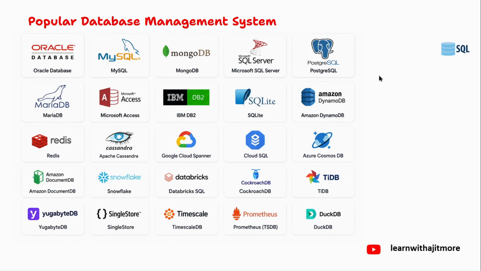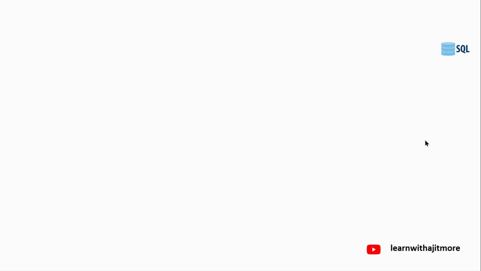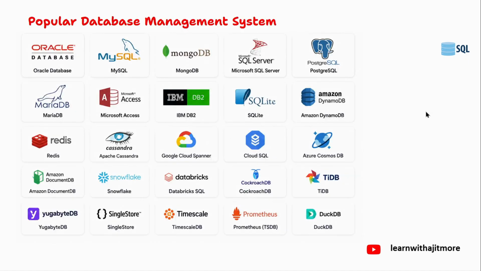Now we will be discussing what is relational and non-relational database. That is our next topic of discussion. In this whole course, we will be learning MySQL, but it won't be much difficult if you are told to switch to Postgres. This is also quite famous because it's open source, freely available.